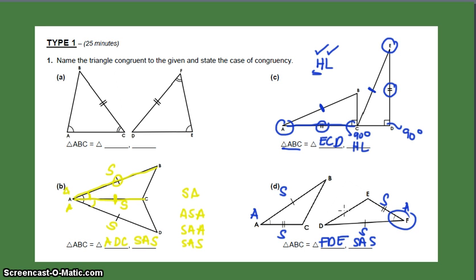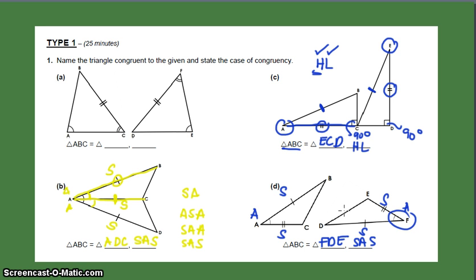And aside from that, you have to know how to write the letters in the triangles properly, because you have to make the sides correspond to each other correctly.